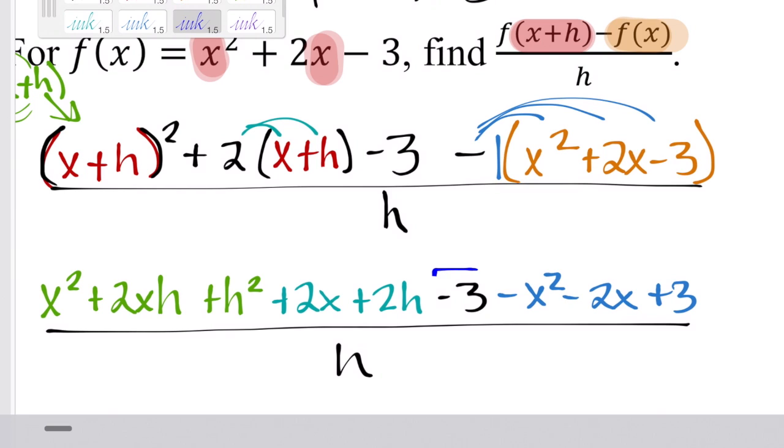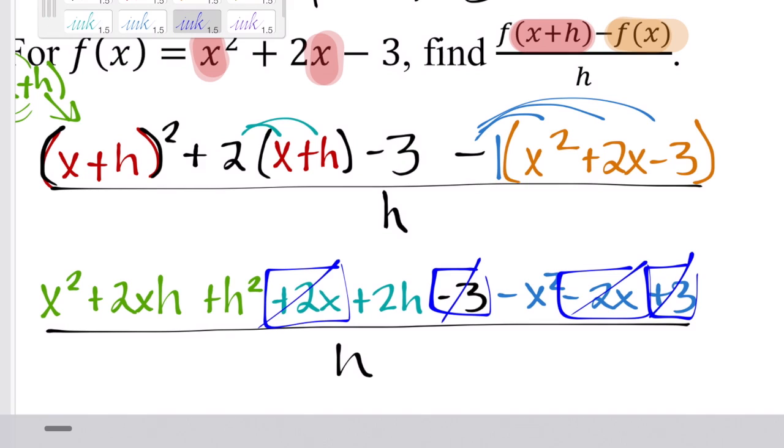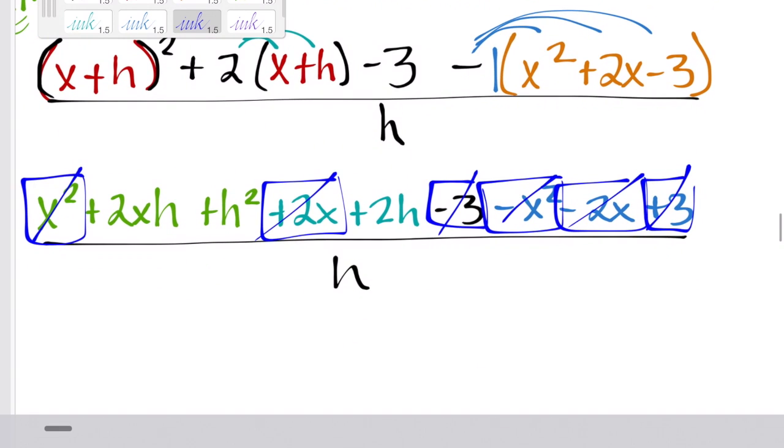From here, I'm going to simplify by combining any like terms that I have. I see I have a positive 3 and a minus 3, which are just going to cancel each other out. I have a positive 2x and a minus 2x, again, cancel each other out. X squared and negative x squared, canceled out. So it looks like I'm just left with my h squared plus 2xh plus 2h.